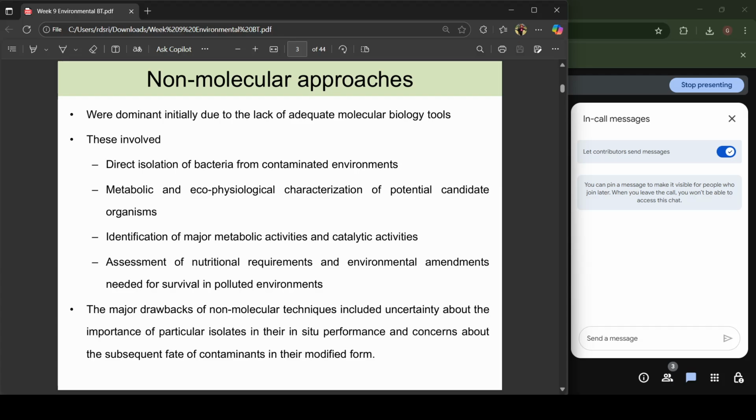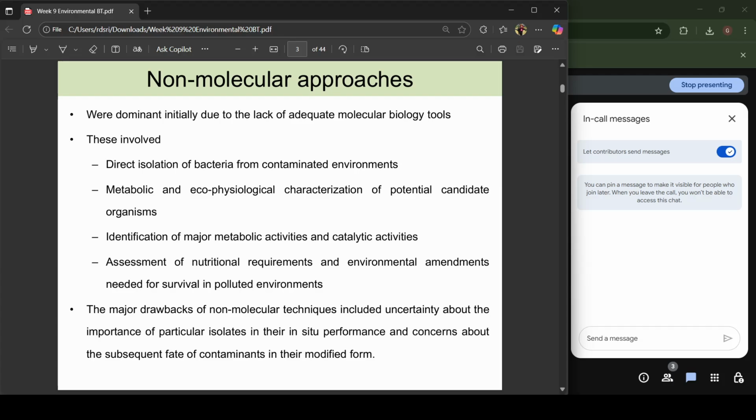But as we all know, this process has its own disadvantage: the performance that the organism gives in the lab may not be the same in the real contaminated site. That is what is mentioned as the in situ performance. Laboratory performance and in situ remediation site performance are two different things. We may not get the replicability because in laboratory conditions we have a very controlled environment where we supply all the required nutrients.